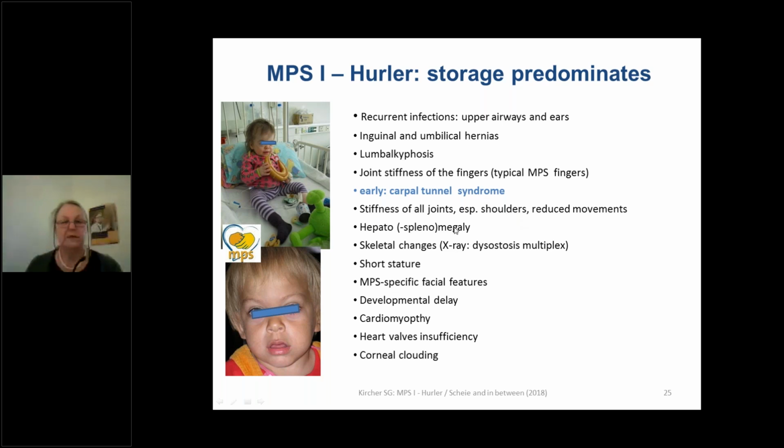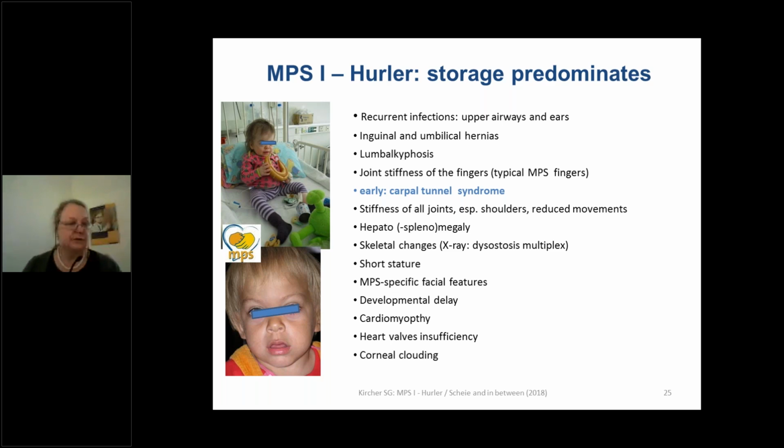You have a hepatosplenomegaly, skeletal changes, a short stature, MPS-specific face, and sometimes development delay and cardiomyopathy or heart valve insufficiency. And in the classic MPS, the Hurler, you have very early the start of corneal clouding.